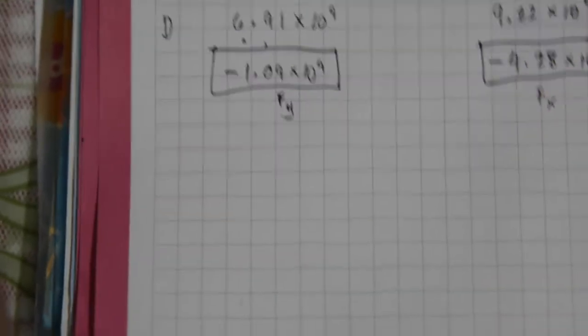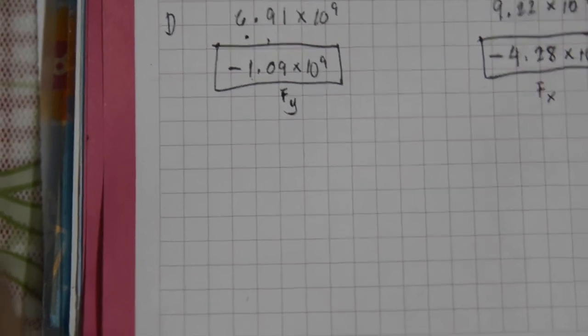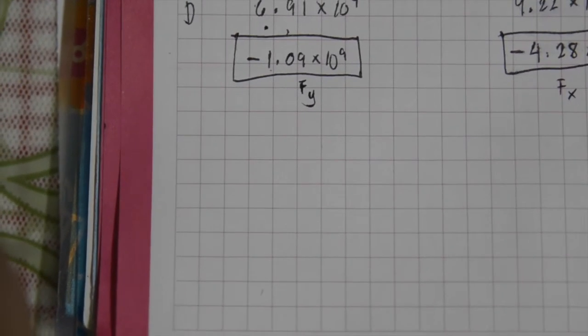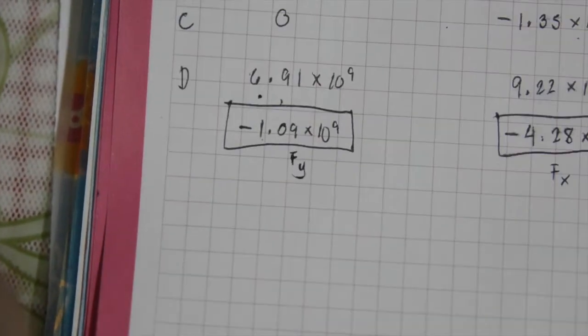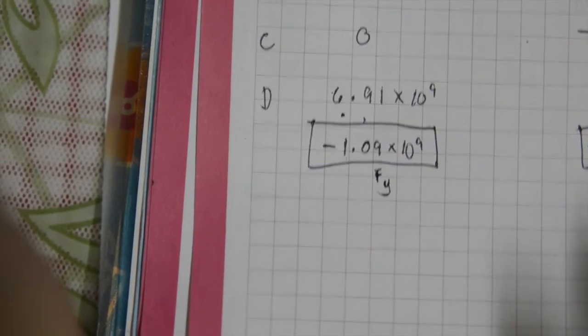So now we need to find the angle that this will be going to, because this will basically be a diagonal.